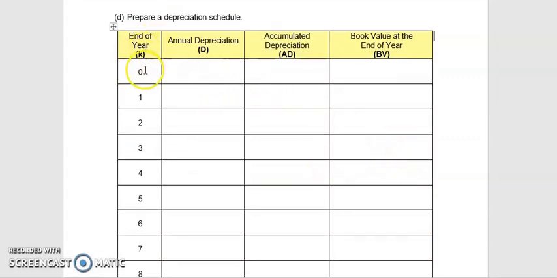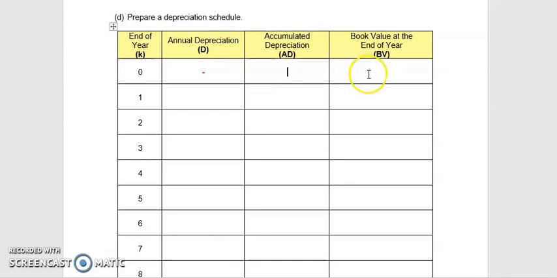At the end of year 0, there will be no annual depreciation. Why? Because in year 0, we just bought the asset. After we use it for 1 year, then it will depreciate. So here you can just put a dash.